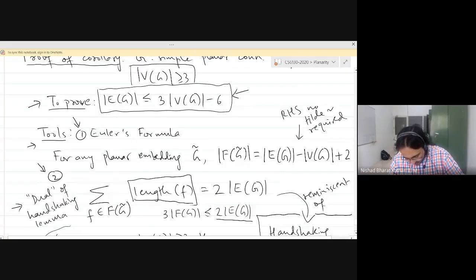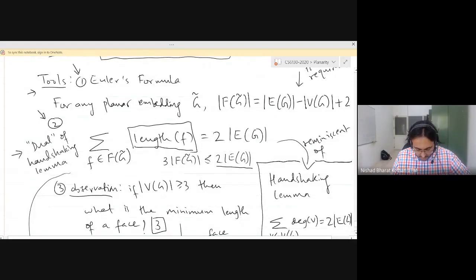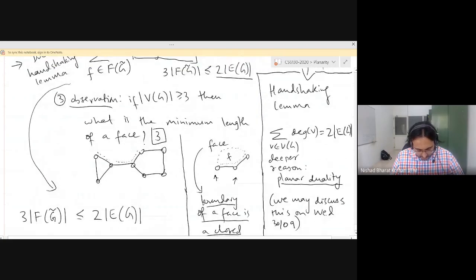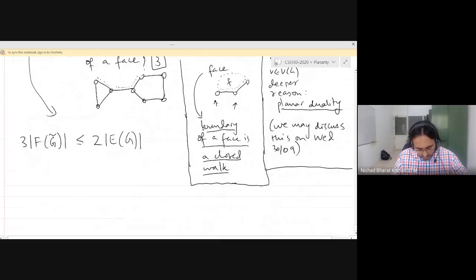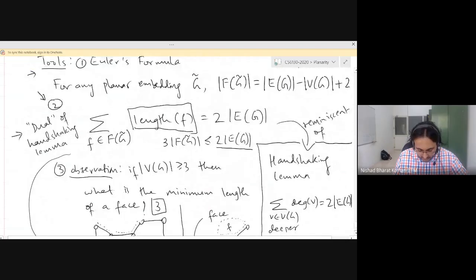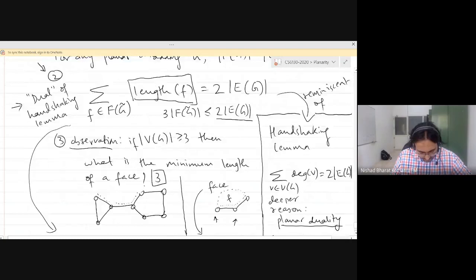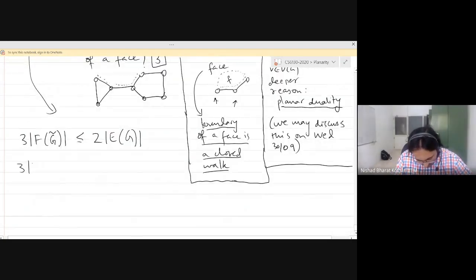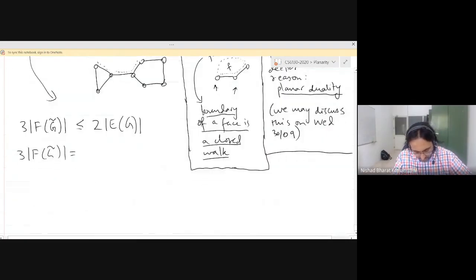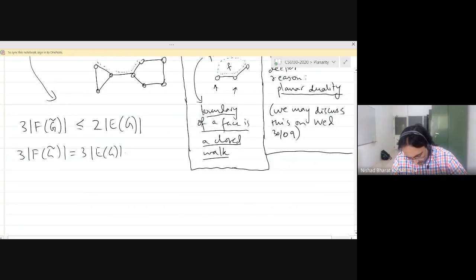I should put a tilde. Okay, so this is the first observation, combining points 2 and 3. What about Euler's formula? Let's multiply everything by 3. So 3 times the number of faces is equal to 3 times the number of edges minus 3 times the number of vertices plus 6.